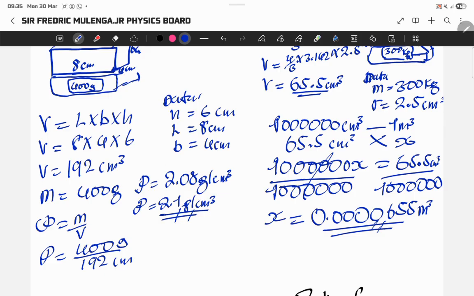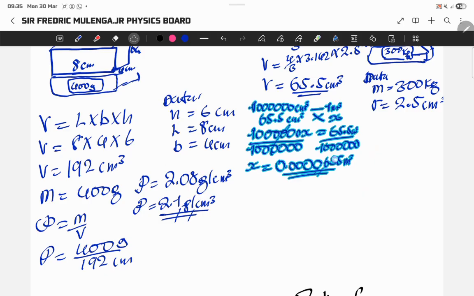Now we are ready to solve for density, and this density of ours will be in kilogram per meter cubed. So now density is mass over volume.